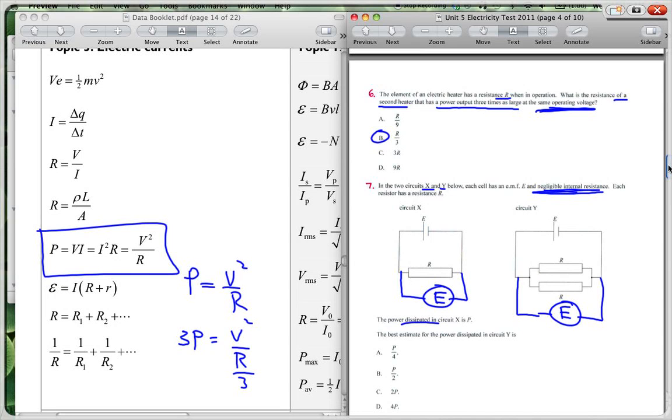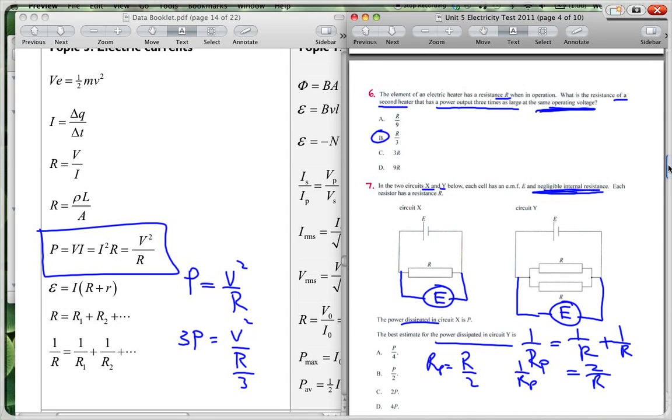The best estimate for the power dissipated in circuit Y is, well, what is the resistance of this? Well, because they are in parallel, 1 over R parallel is equal to 1 over R plus 1 over R, which is equal to 2 over R, which is 1 over RP. When I invert that, I get RP is equal to R over 2.